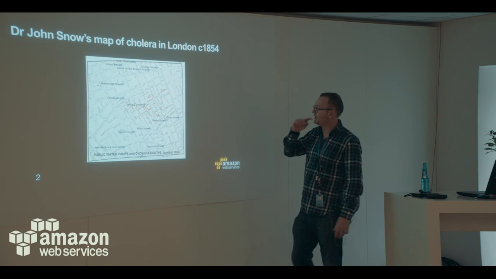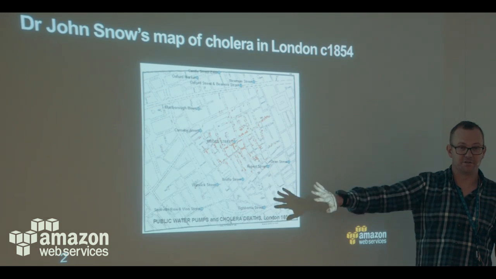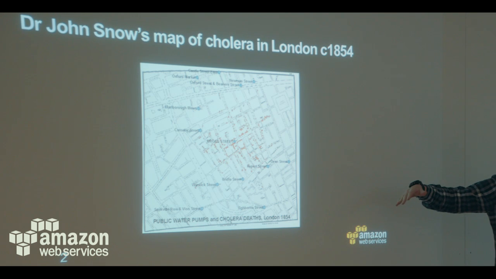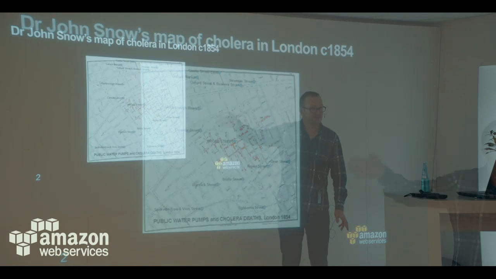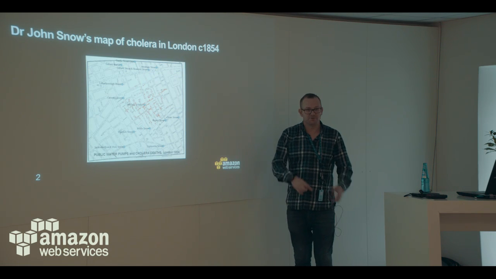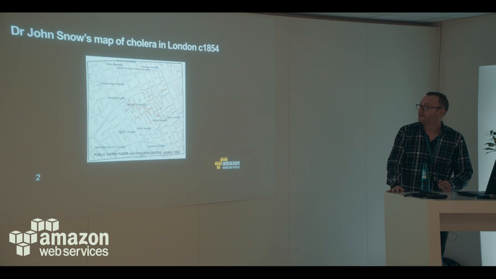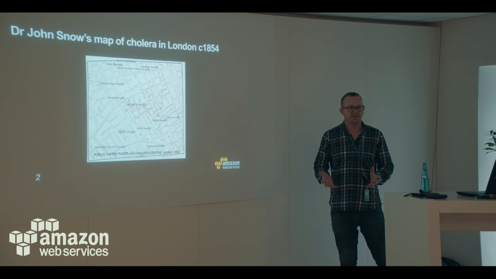He did this by plotting on a map where the infections were happening, where the sick people were turning up from. Then he started plotting where the water wells were. He took geospatial data and mashed it up and looked at how his city was getting sick.